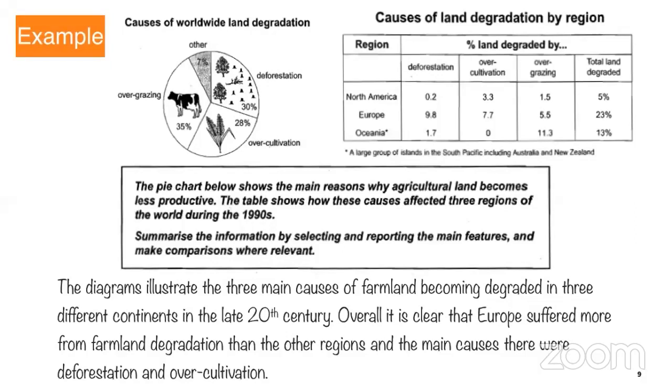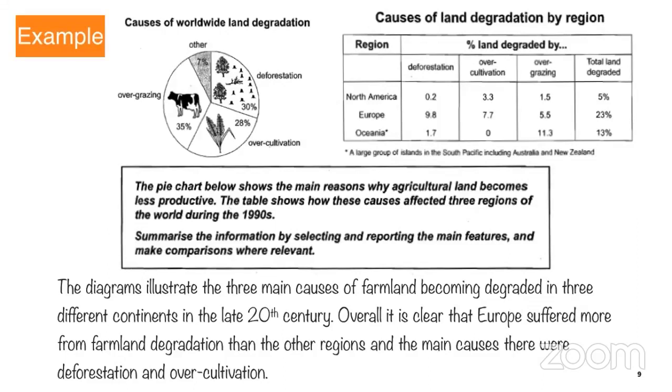Then, after your introduction, you start to give more details. So this is where, in the question, they're talking about selecting and reporting the main features and making comparisons where relevant. Okay, so you're looking at the table, putting into words what you can see, describing it.